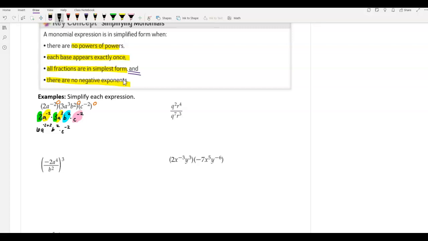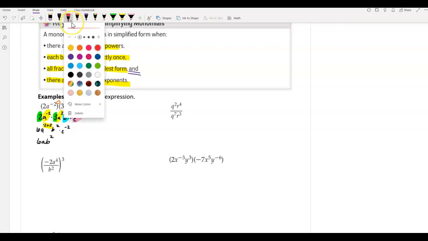All right, let's keep simplifying this. That coefficient comes down, it stays 6. But now, what is negative 2 plus 3? The answer, 1. So I only have one a left. There was nothing to simplify that b with.